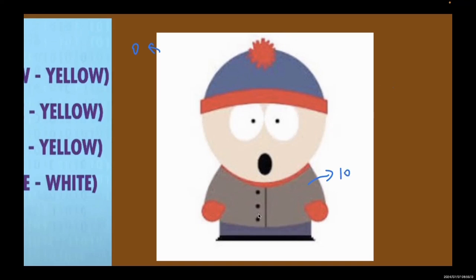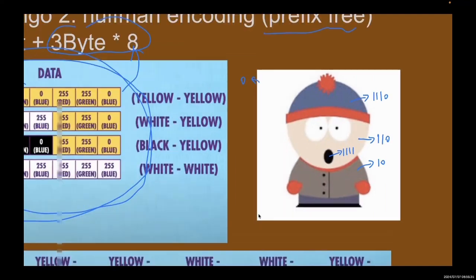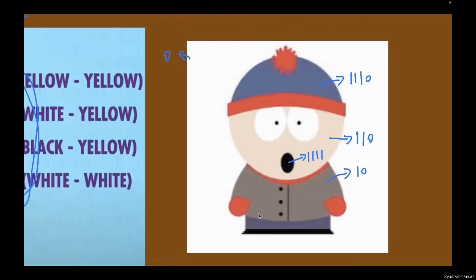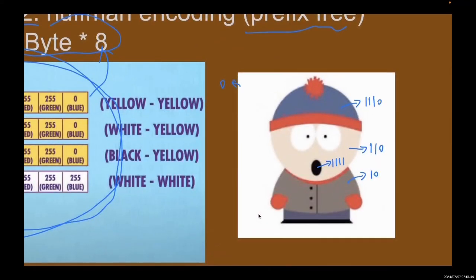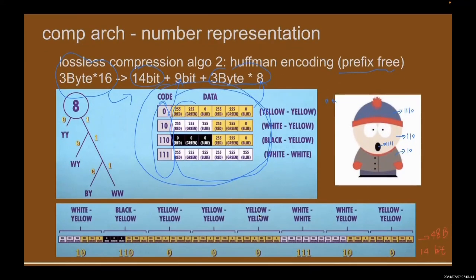And this is 1, 1, 0, right? And this is 1, 1, 1, 0, and this is 1, 1, 1, 1, right? Any other colors? No other colors. So we can represent the colors in this way, and we can compress the picture a lot and not lose any information, right? Okay, is this clear?